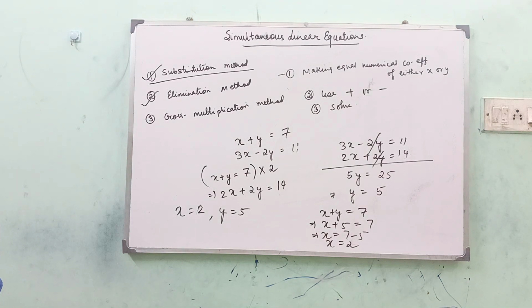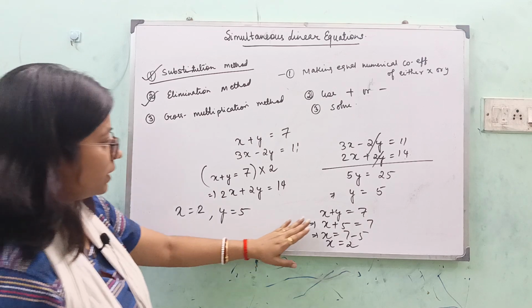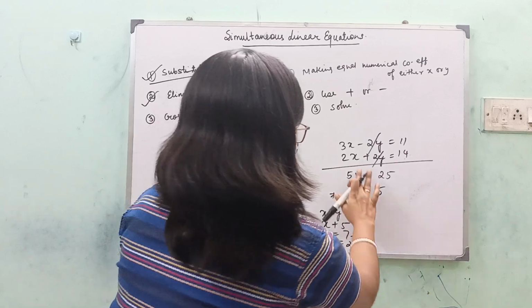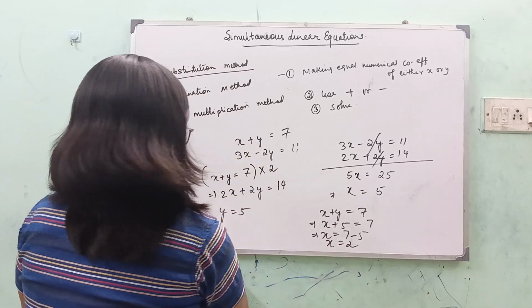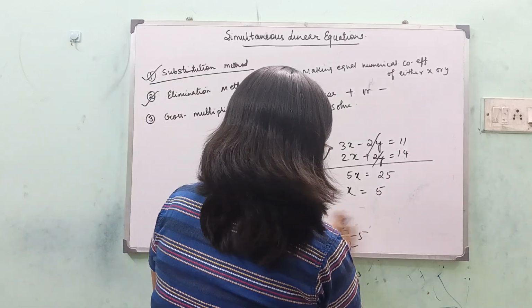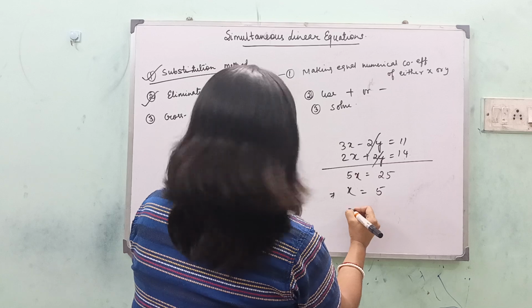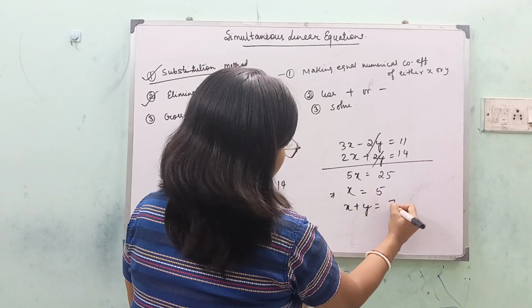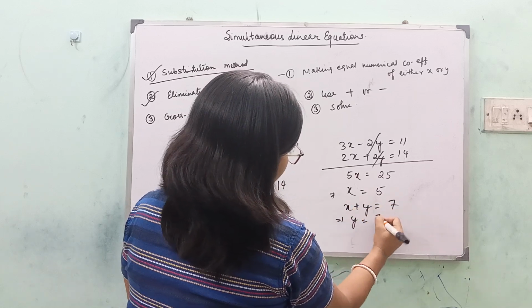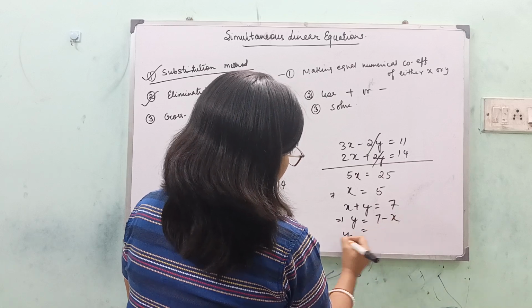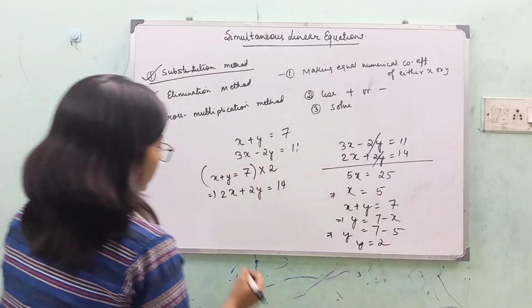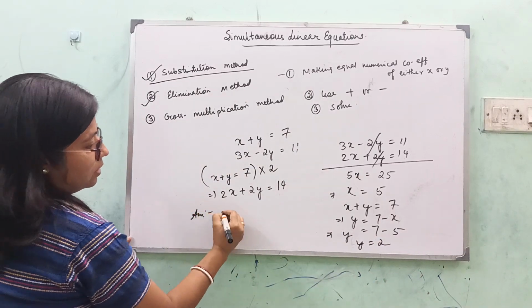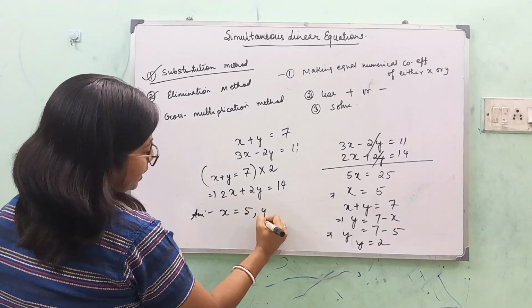So we have got the answer for it, that is x is 5 and y is 2. Using x plus y equals 7, y equals 7 minus x, that is y equals 7 minus 5. So y equals 2. That means your answer is x equals 5 and y equals 2.